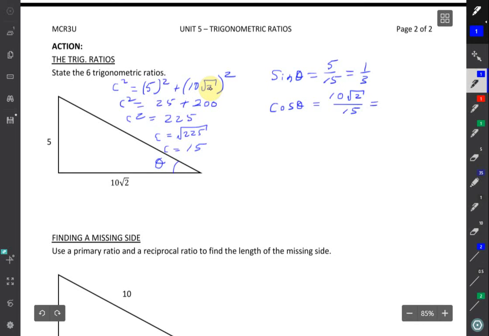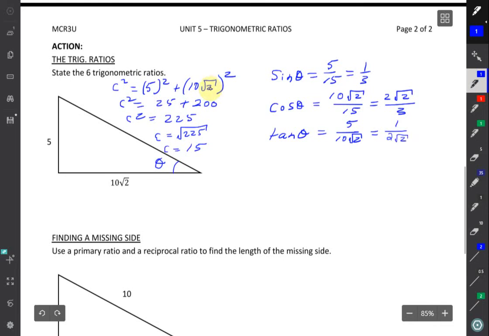Reducing that, 5 goes into 10 and 5 goes into 15, we get 2 root 2 all over 3. For tan of theta, we get the opposite over the adjacent, so that is 5 over 10 root 2. That gives us 1 over 2 root 2, because 5 goes into 5 once, and 5 into 10 twice.